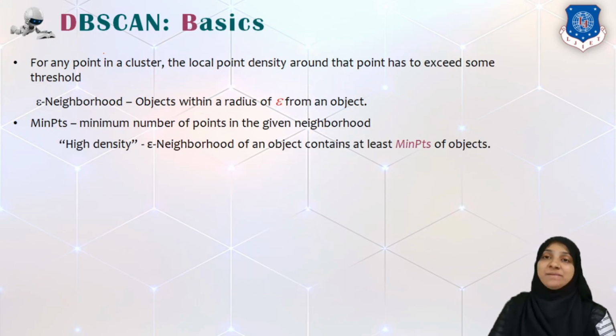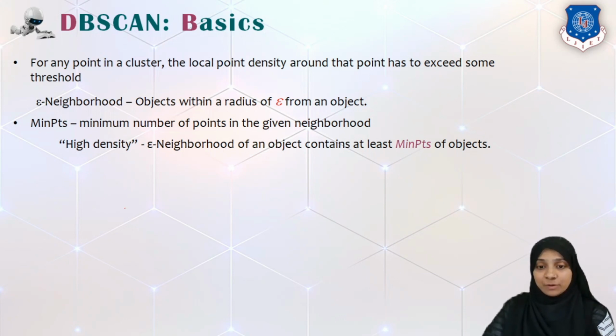So let us see how DBSCAN works. Starting with the basics, there are two important terms that you will encounter in DBSCAN: epsilon, which is the radius of a core, and minimum points, which gives us the density of a region. For any point to be in a cluster, its density around the point has to be measured. Density is measured in the nearby area, and that nearby area is given by epsilon.